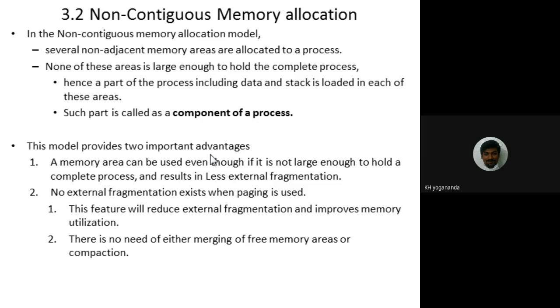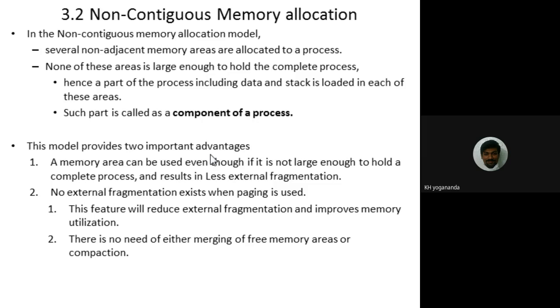And in this model, we can expect no external fragmentation at all only when a concept called paging is used along with non-contiguous memory allocation. When non-contiguous memory allocation exists with the paging technique, there will be no external fragmentation in the memory area. This feature reduces external fragmentation and improves memory utilization.